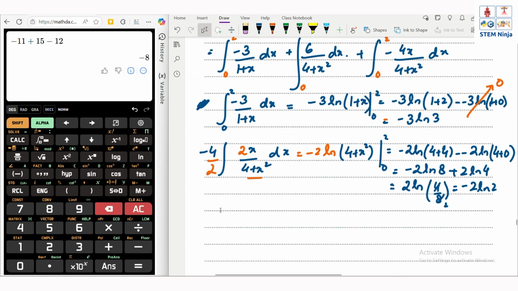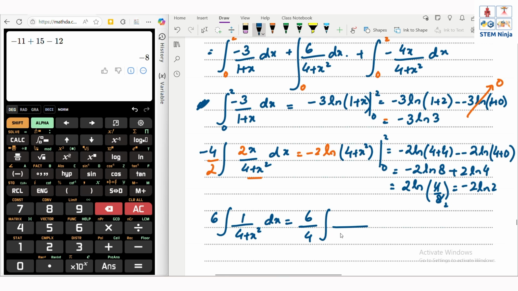You have 6 that can be taken out. You have 1 over 4 plus x squared dx, which can be written with 4 taken outside also, and 6.